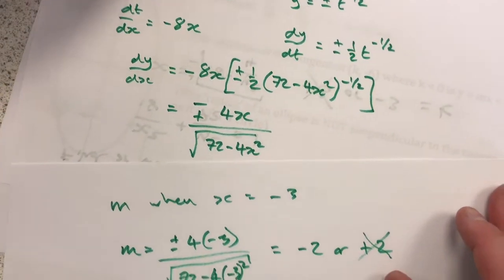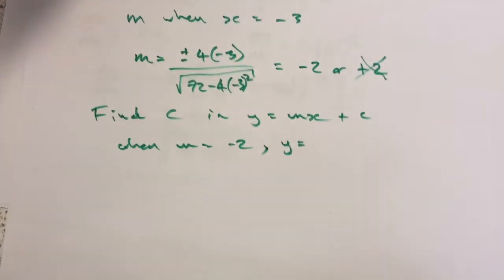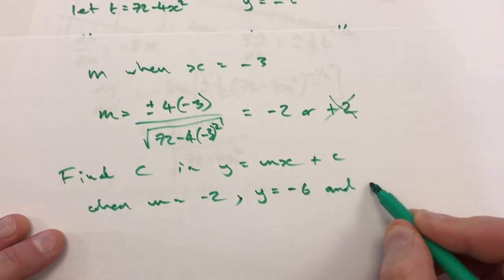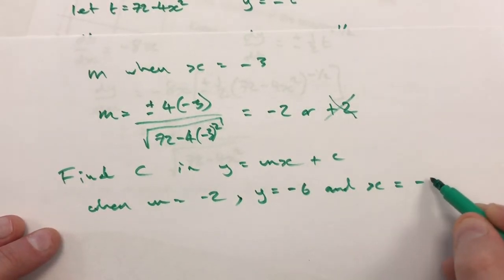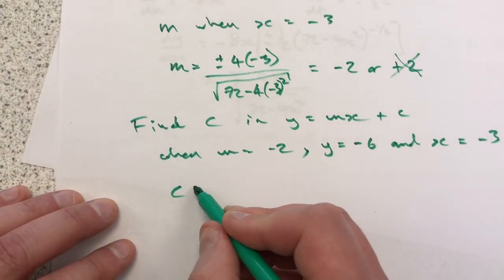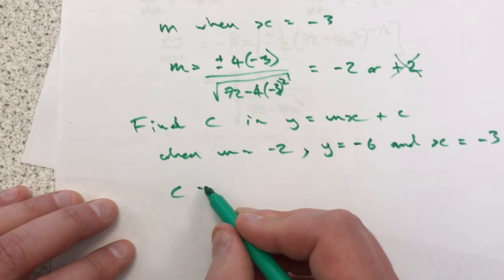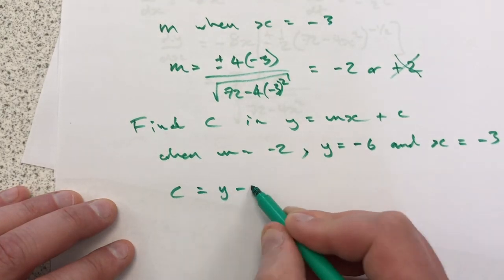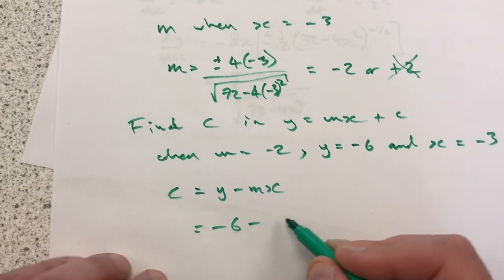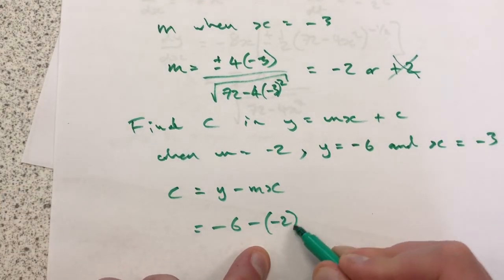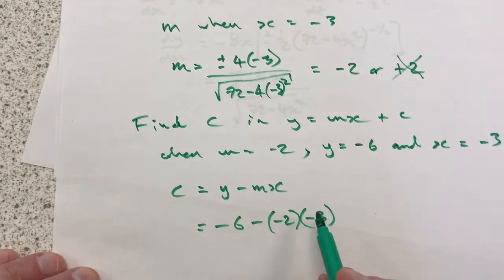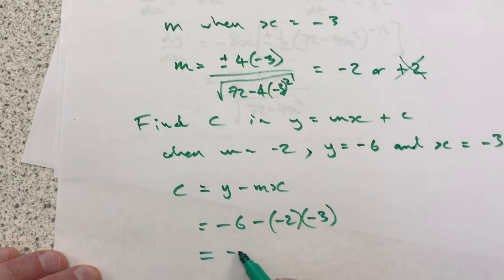I forget now. y equals minus 6 and x equals minus 3. So here we'll have y equals mx plus c, c equals y minus mx, y is minus 6, m is minus 2, and x is minus 3. So that's going to be equal to minus 12 there.